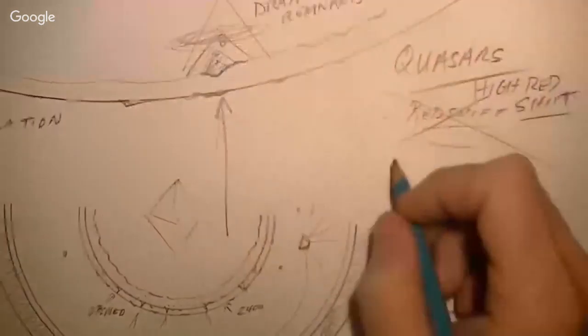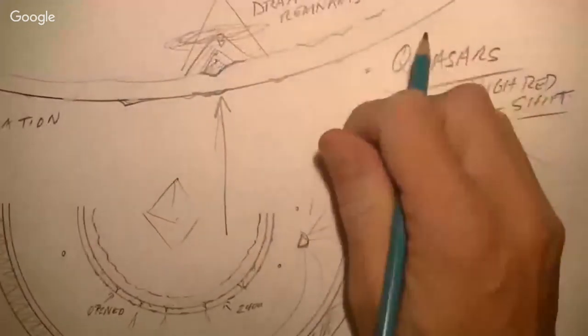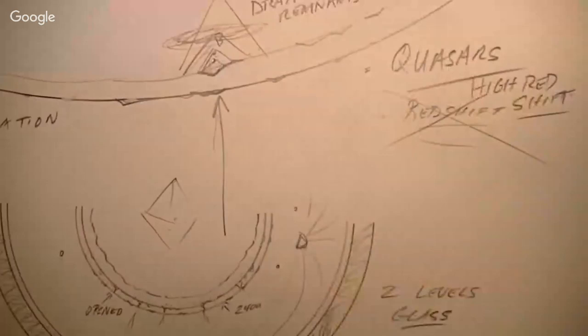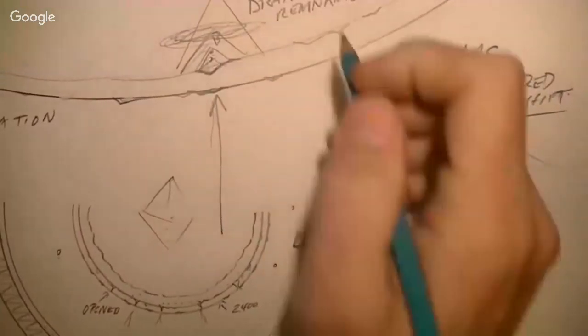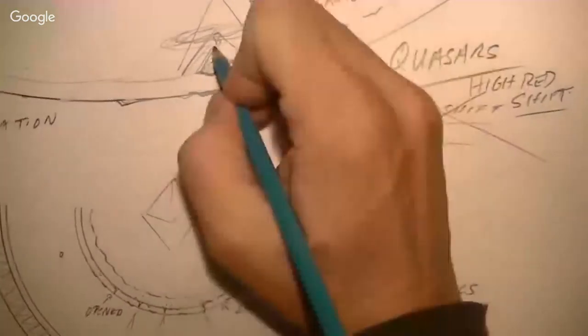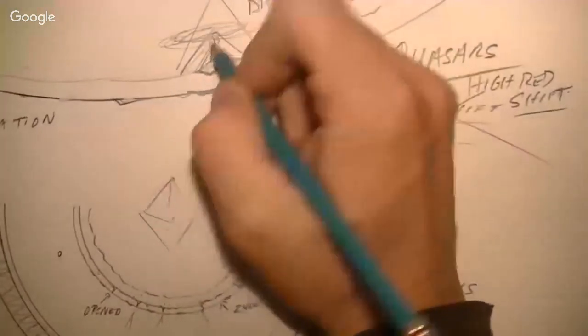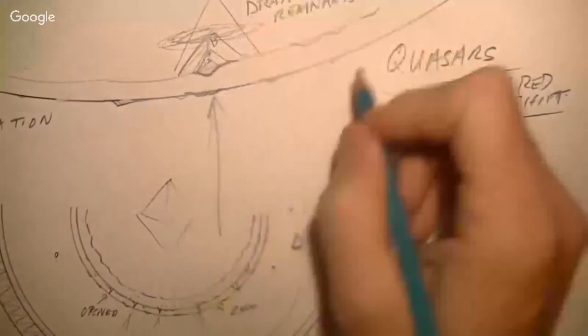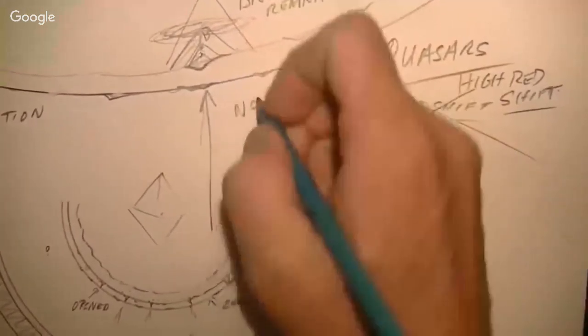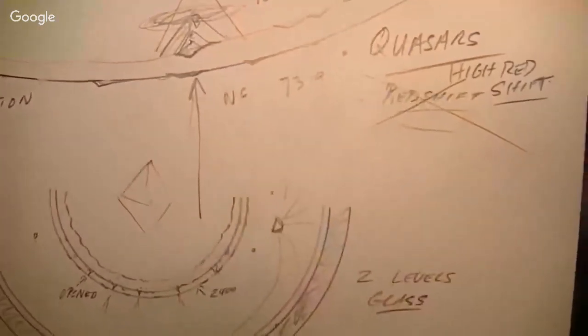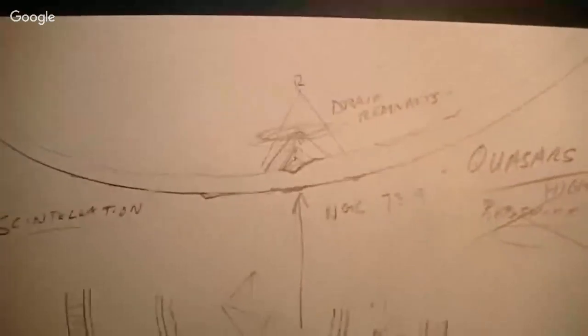So there's a particular quasar that they can't understand where it's coming from, why it appears to be connected, because there's like this jet that's connected to this quasar at NGC 7319. Stupid camera. Next. So they can't understand where it's coming from.